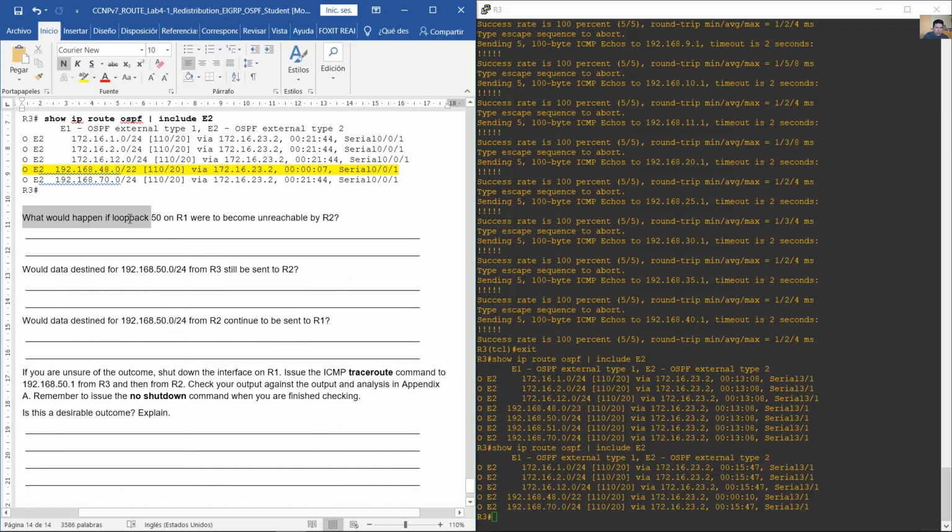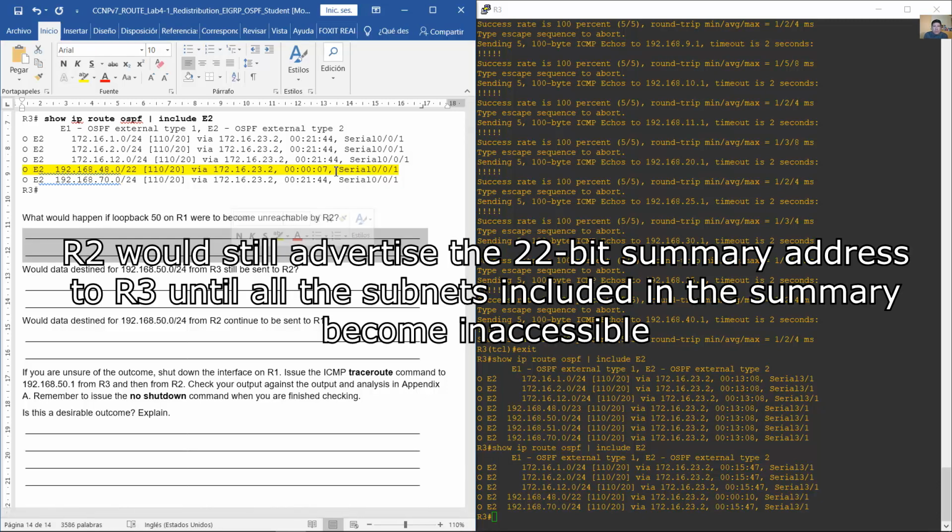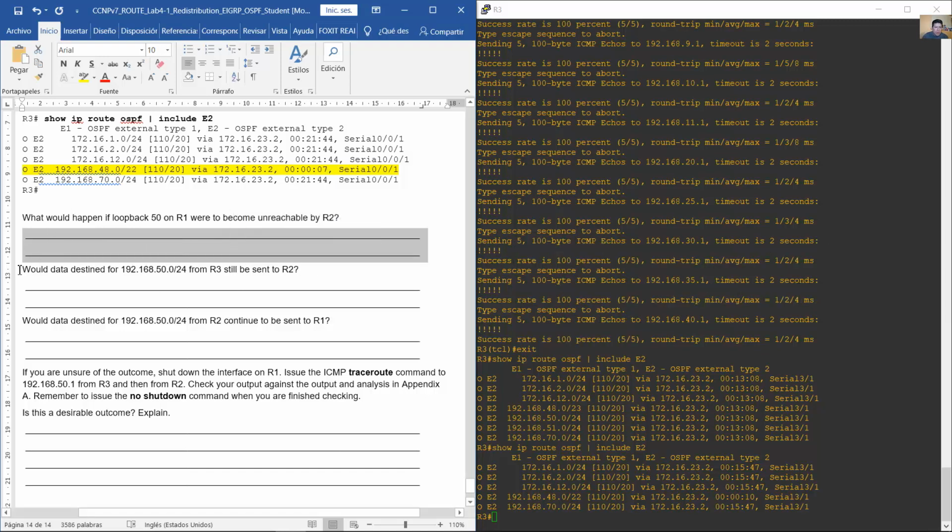What would happen if loopback 50 on R1 were to become unreachable by R2? R2 would still advertise a 22-bit summary address to R3 until all the subnets included in the summary become inaccessible. Would data destined to 192.168.50.0 from R3 still be sent to R2?